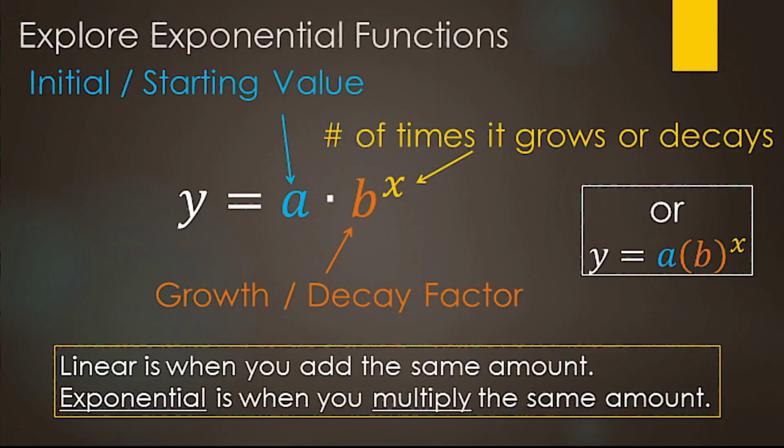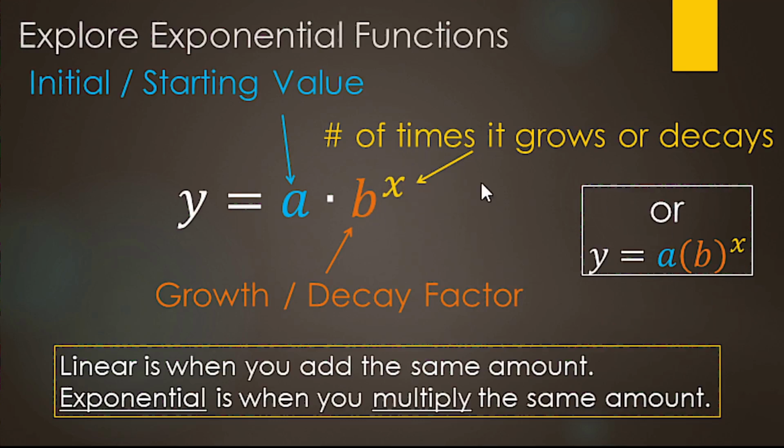So just remember, with these exponential functions, they will be written like this or like this, right? Starting amount is the a there or there, so it's the start amount times b to the x. So a, the starting amount, times b to the x, where b is going to be that growth or decay factor. If it's getting smaller, that's going to be exponential decay, and then that x, that's the number of times it grows or decays.